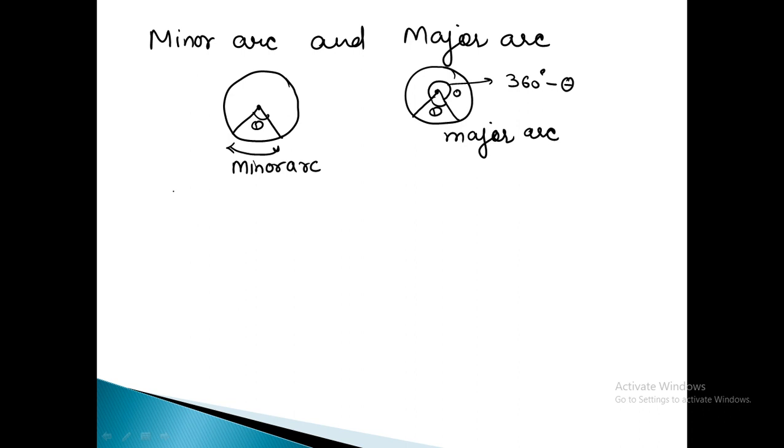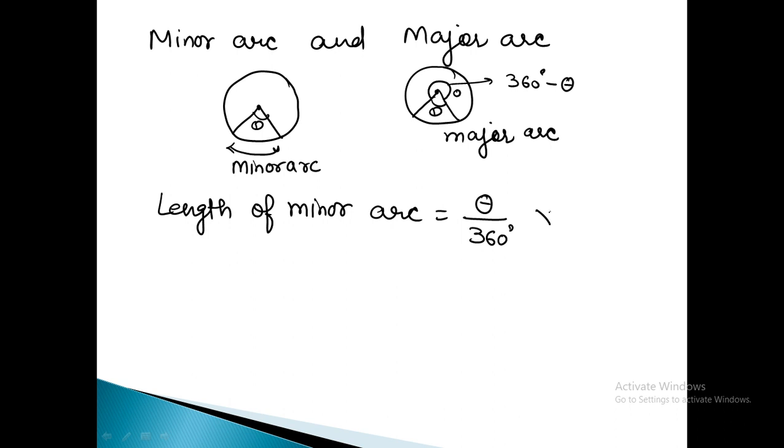If an arc subtends angle theta at the center, then the length of the minor arc is theta over 360 degree multiplied by 2 pi r, or you can say theta over 180 degree multiplied by pi r, because 2 can be cut with 360.